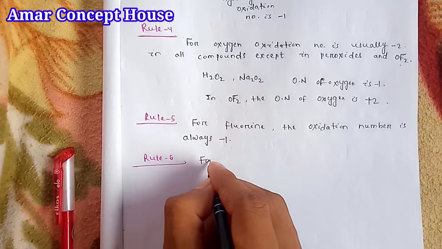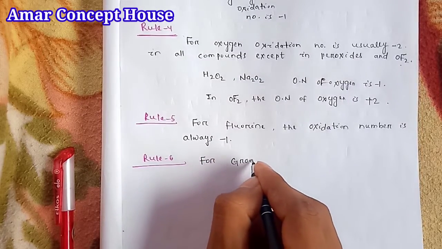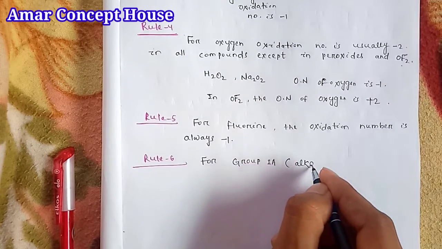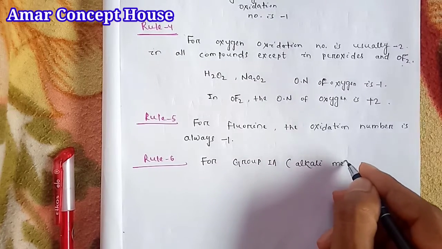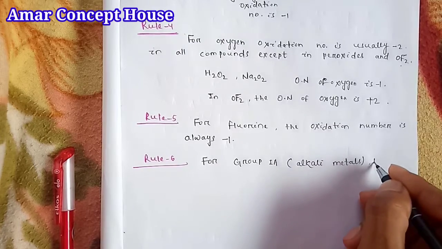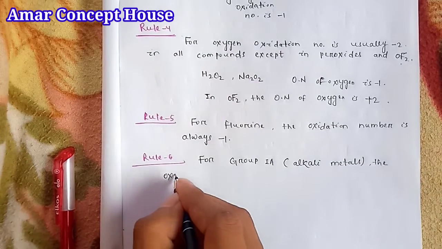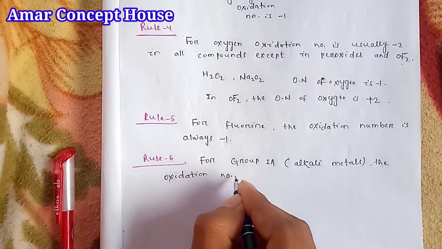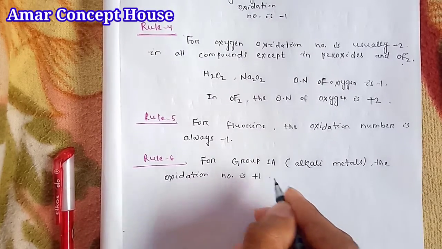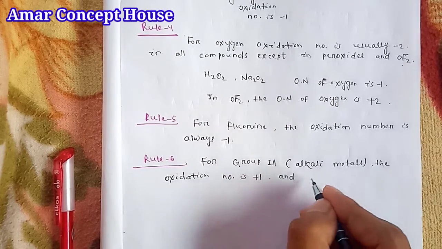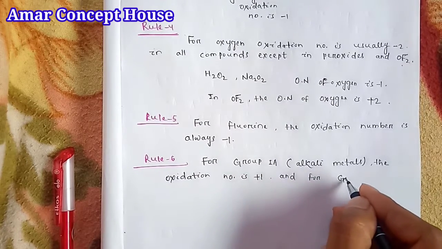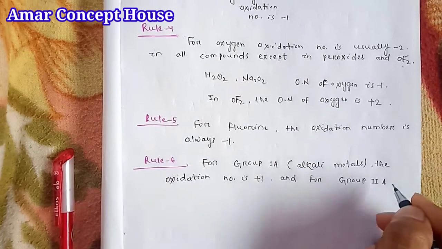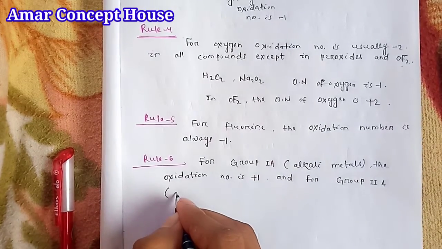For group 1 elements, called alkali metals, the oxidation number is always +1. And for group 2A elements, that means all alkaline earth metals, the oxidation number is +2. Clear?